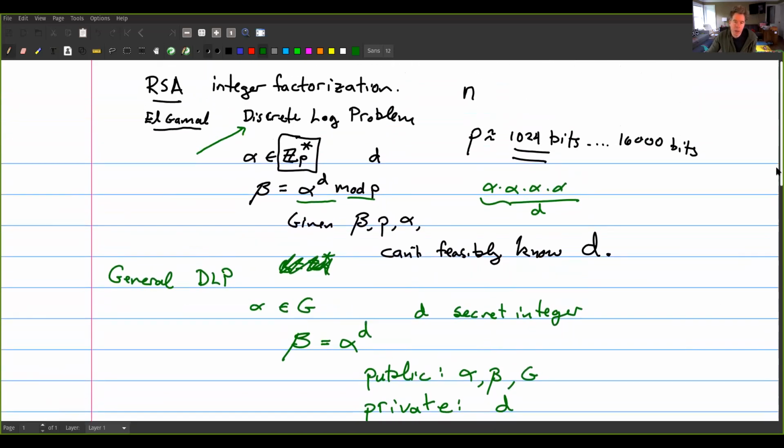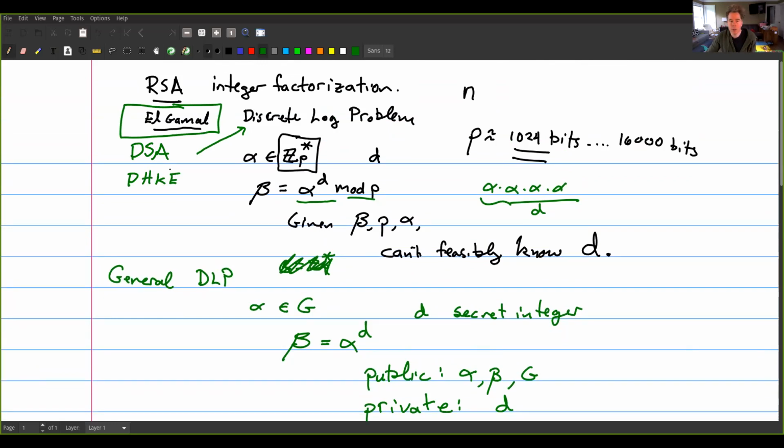With any group, you can do some version of all the things that employ the discrete logarithm problem, like El-Gamal. We didn't talk about it, but an improvement of El-Gamal's signature scheme is called the Digital Signature Algorithm, DSA, and that is also based on the discrete logarithm problem, and Diffie-Hellman key exchange is also based on the discrete logarithm problem.